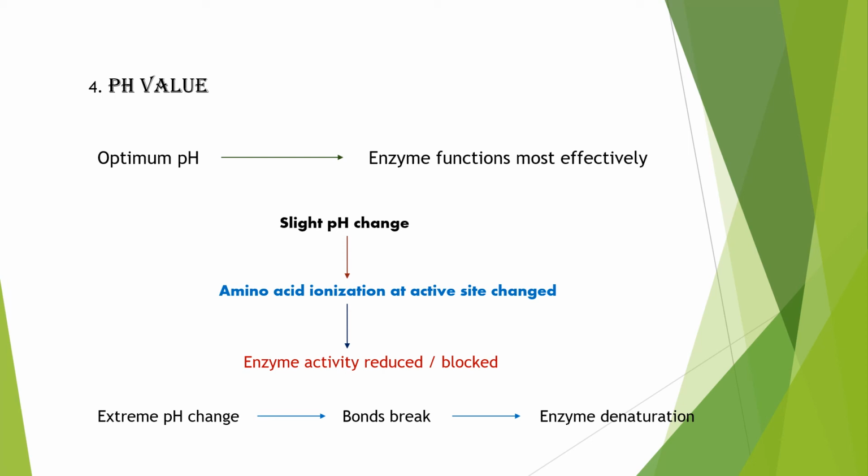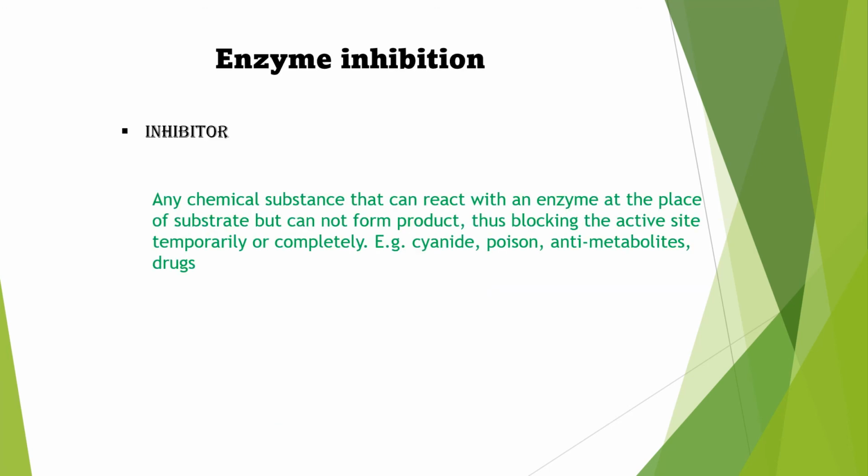But if there is change in pH, this will result in amino acid ionization. These amino acids are present at the active site, and as a result, the activity of enzyme will be reduced or blocked. And if there is extreme change in pH, then the bonds between the amino acids and enzymes will break, and enzymes will get denatured. They will not perform their function.